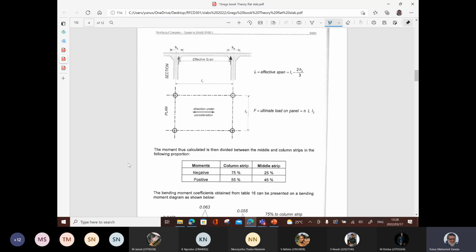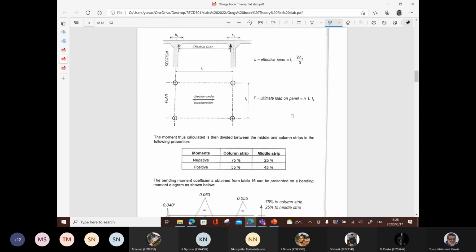This is in the table, but Greg's put it on the sketch here, right? But just remember, L1 is in one direction, L2 is in the perpendicular direction. So if you're looking at it in the Y direction, then obviously these two swap around.